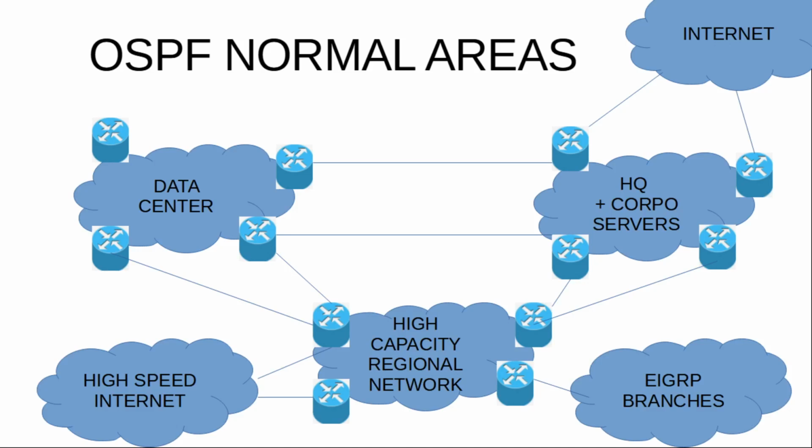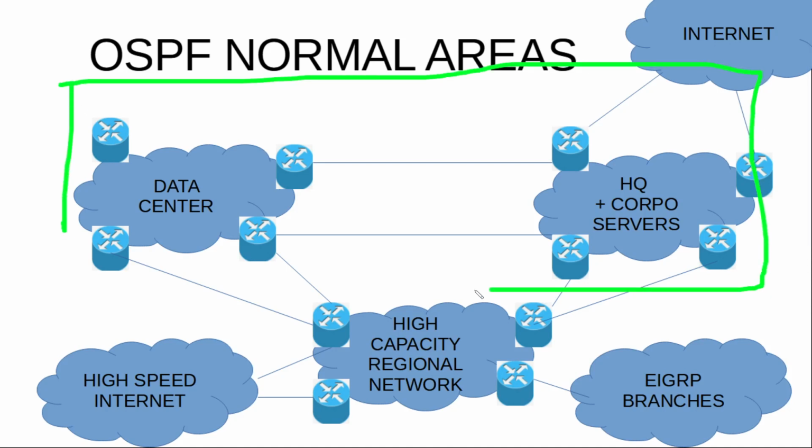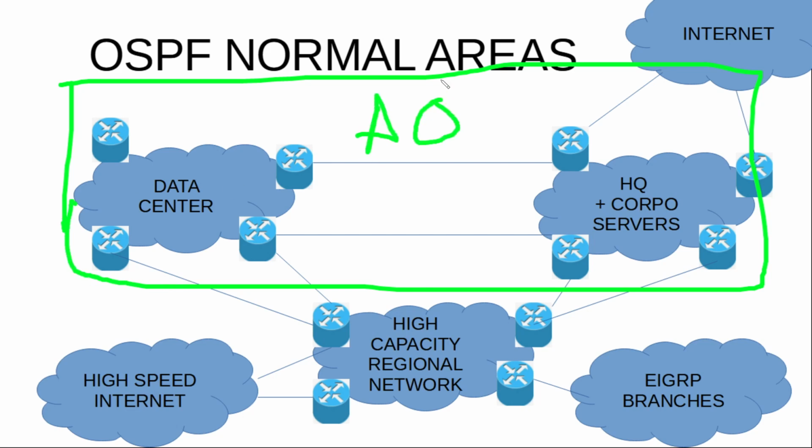In this case, we can define, for instance, this as our backbone area, and we have this other part of the network that is also providing high capacity bandwidth, and we have also a connection to the internet here and other autonomous systems, remote branches.